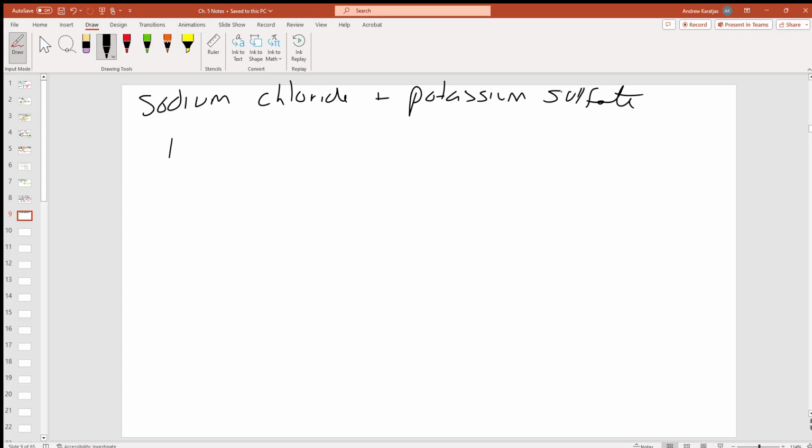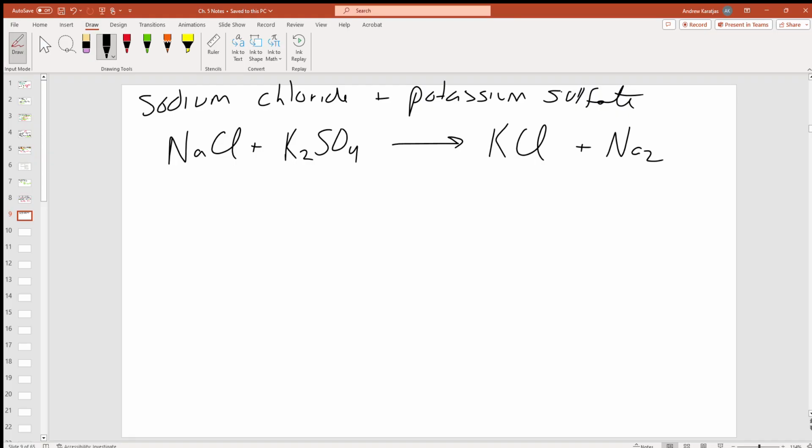All right, so sodium chloride, NaCl, plus potassium sulfate, K2SO4, reacts to form potassium chloride plus sodium sulfate.